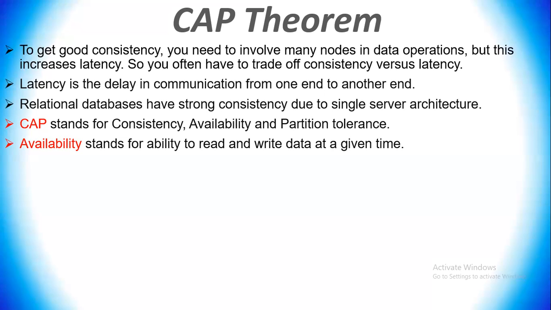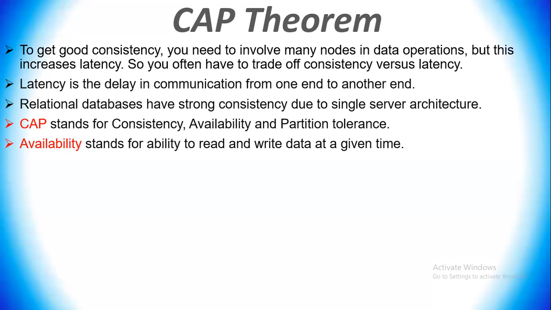So if one server is down, then we say that server is not available. Not available means the user is not able to read and write from that server. So that is the meaning of availability.